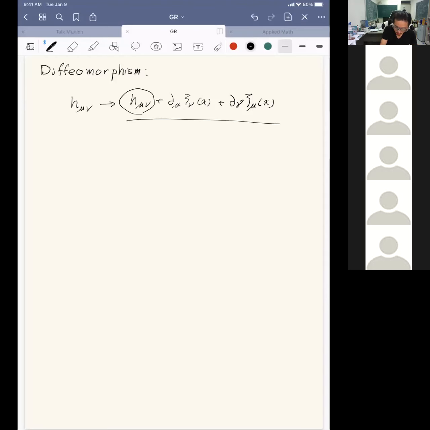So there's a redundancy, a gauge redundancy, and the usual gauge fixing. We fix the gauge using what is called the gauge fixing condition.